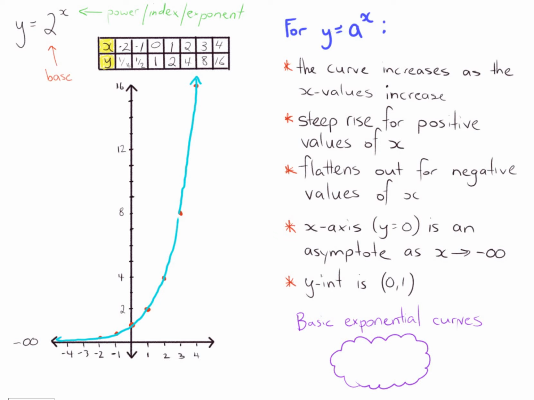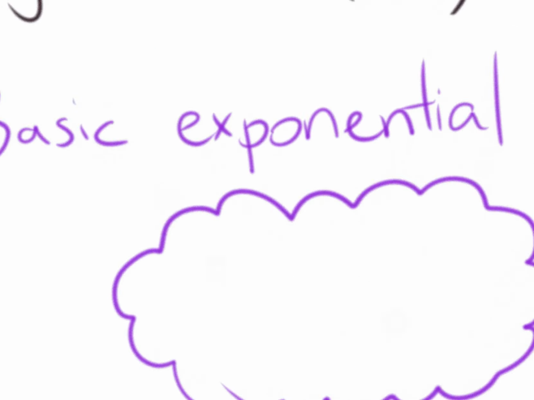So we have drawn our standard exponential, y equals a to the x. Let's now draw some of our other standard exponential curves. Let's start with y equals a to the minus x. Remember, in Desmos, when we changed the sign of the power, what we got was a flip about the y-axis.